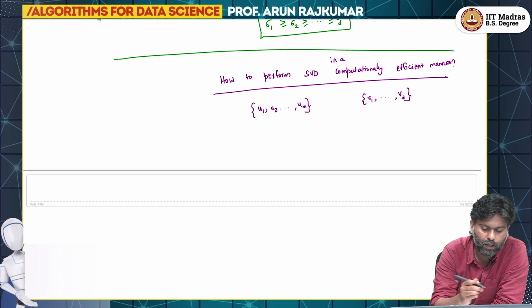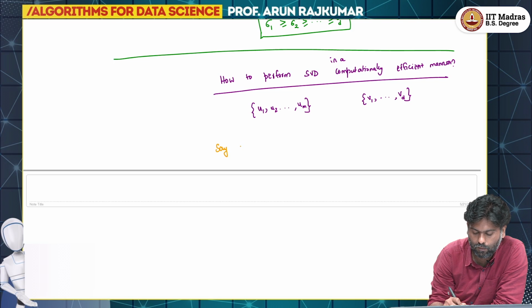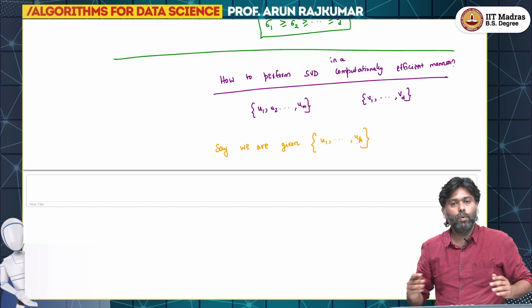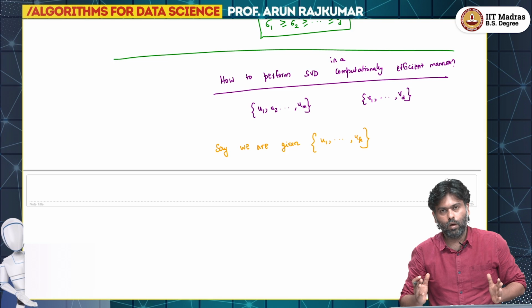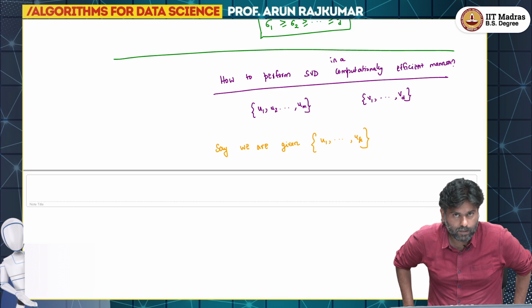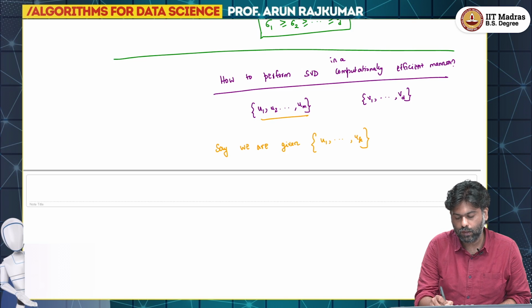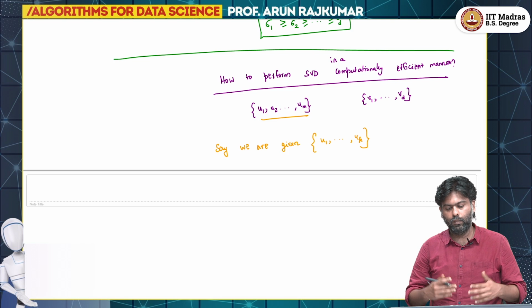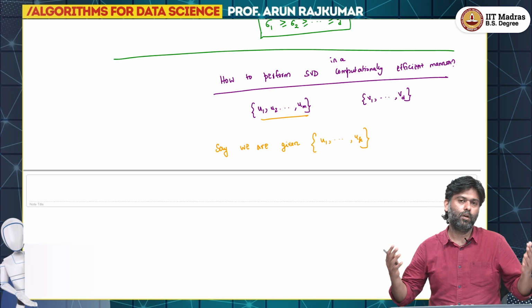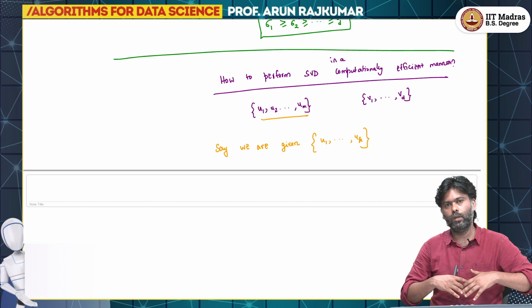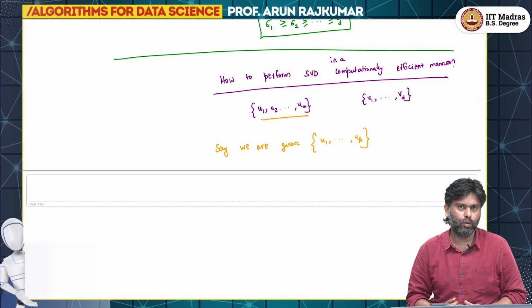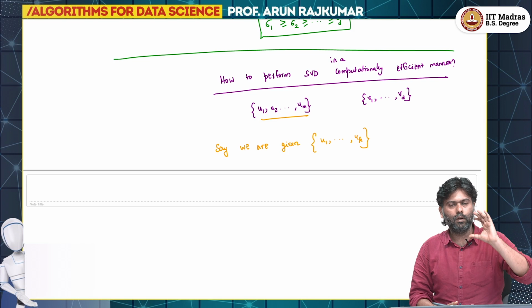Let's say somebody tells us, say we are given u1 to uk. Remember, this is also an orthonormal set. It's not a basis, but it's an orthonormal set. Why is it not a basis? Because these are all m dimensional vectors, so to have a basis you need m such orthonormal vectors, but let's say we are given k.